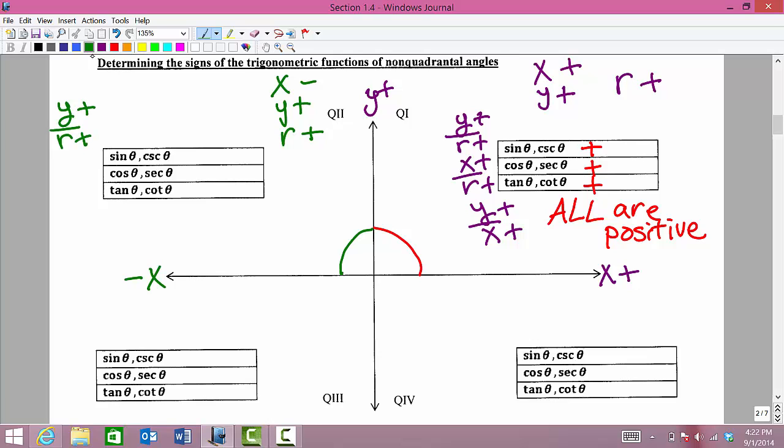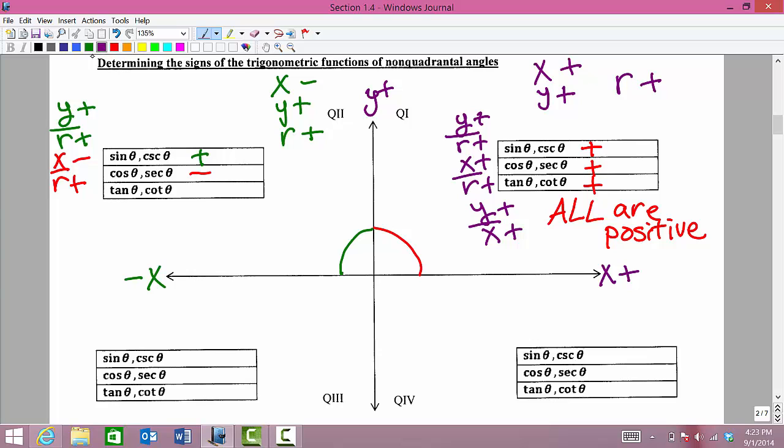So sine is positive and also its reciprocal, cosecant. What about cosine? Cosine is x divided by r. X here is negative, r is positive, so what does that tell me about cosine? Negative divided by positive would be negative, and its reciprocal, secant, would have the same sign. So cosine and secant are negative.